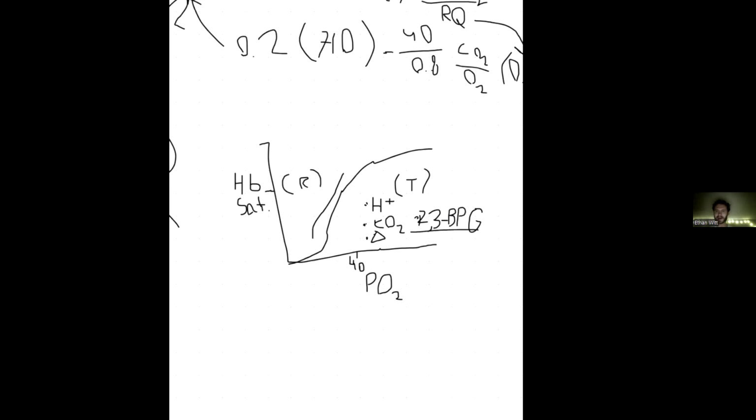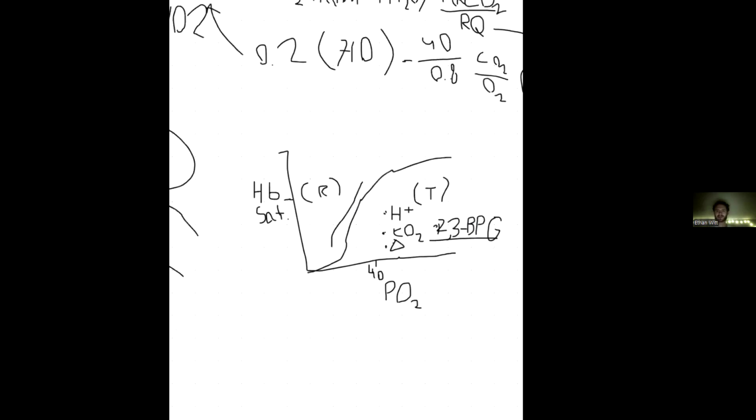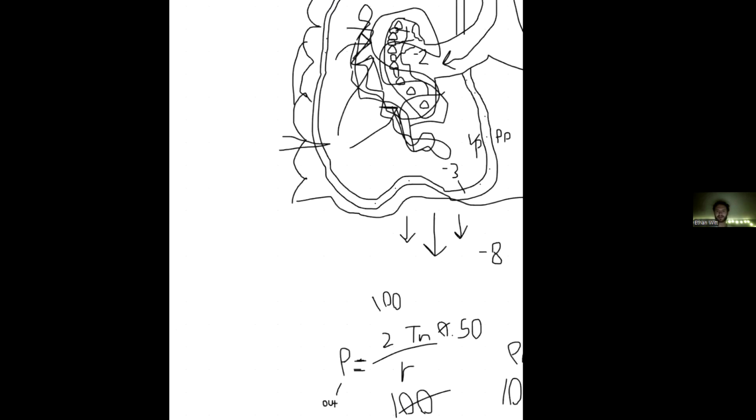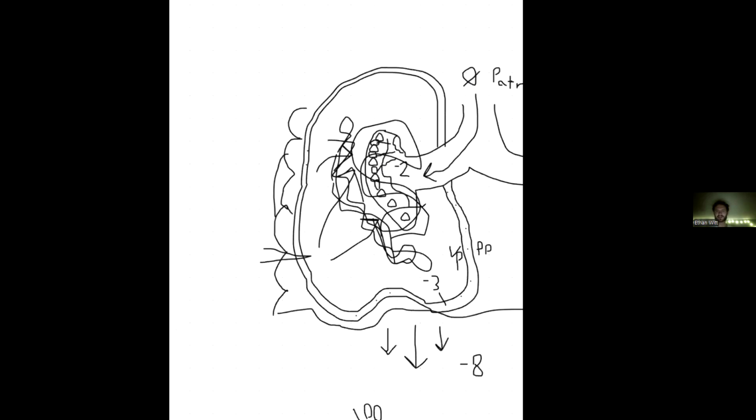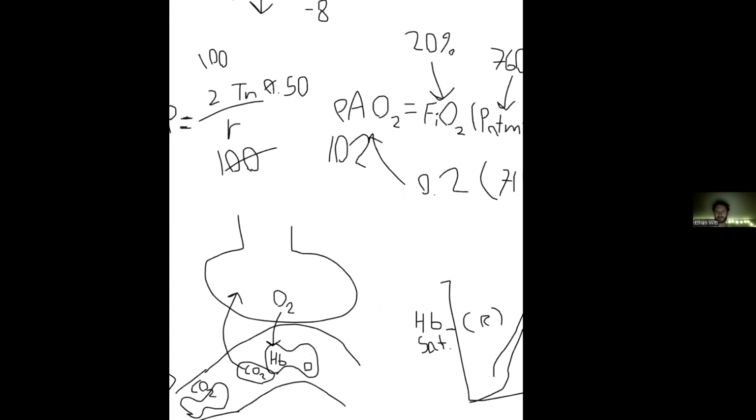So if you spend a lot of time at high altitudes that you're not used to, if you come to Rexburg for the first time, your body is going to start creating more 2,3 bisphosphoglycerate so that the oxygen that you take in, because there is never going to be a shortage of oxygen in your lungs. The surface area of your alveoli is so large that oxygen concentration is never concerned.